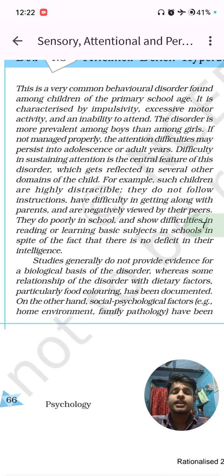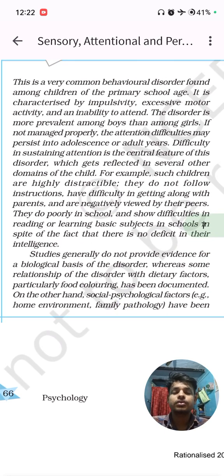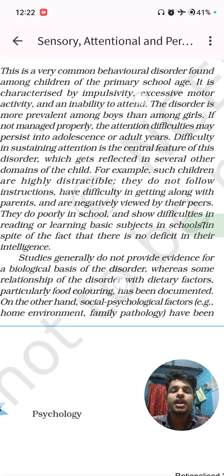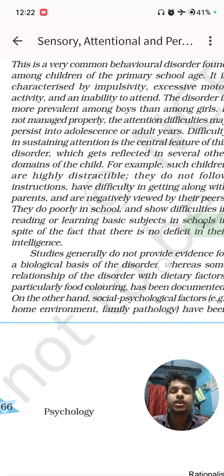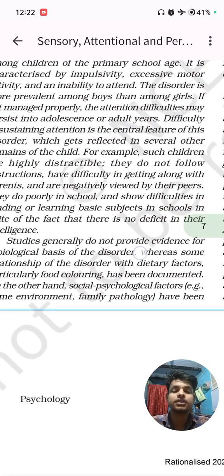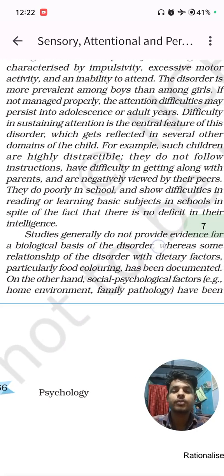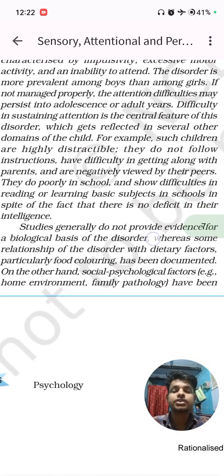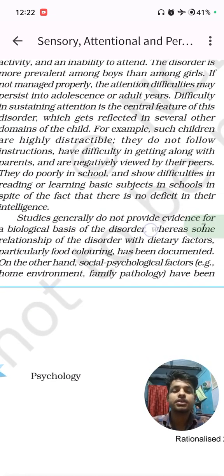This is a very common behavioral disorder found among children of primary school age. It is characterized by impulsivity, excessive motor activity, and inability to attend. This disorder is more prevalent among boys than girls. If not managed properly, the attention difficulty may persist into adolescence or adult years.